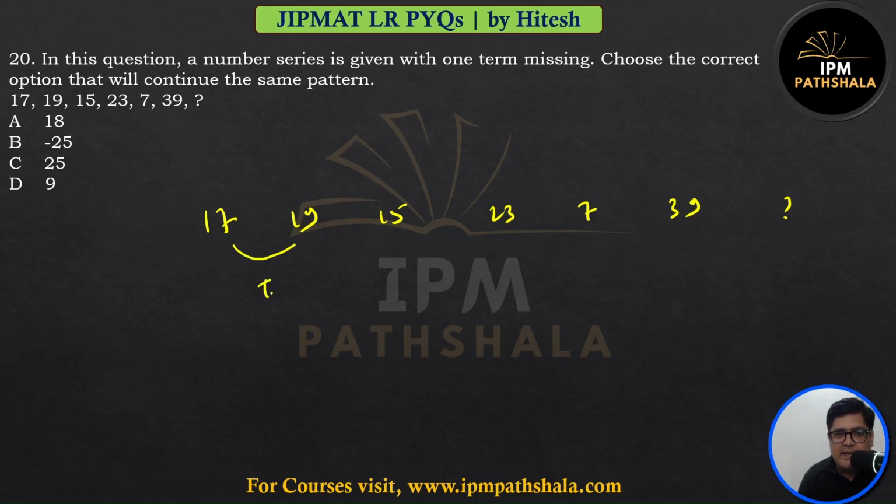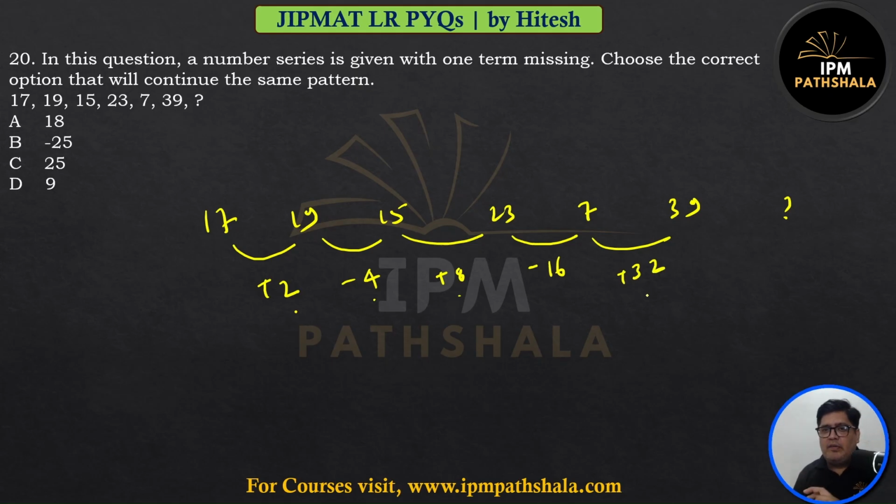What do I see? I see plus 2. I see minus 4. I see plus 8. I see minus 16. So these are all powers of 2. 2, 4, 8, 16, 32.